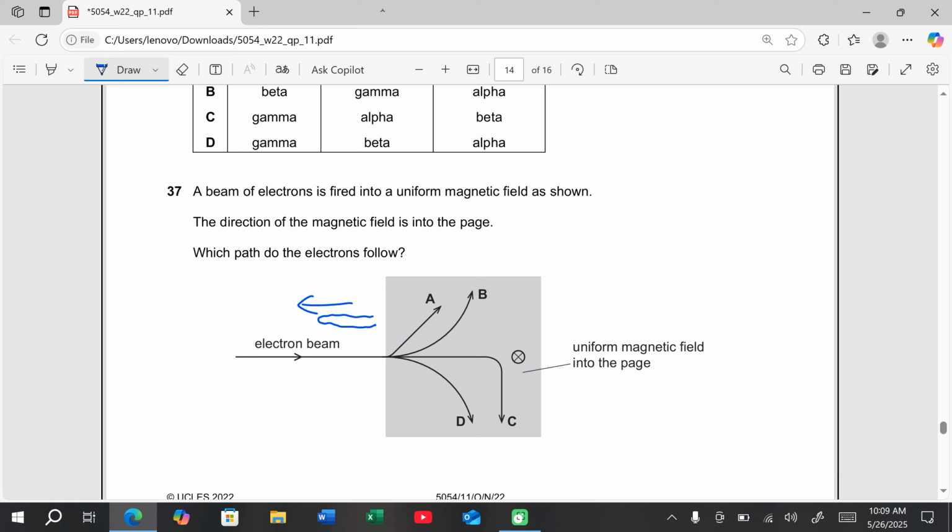The field is into the page, so the index finger has to go into the page. And the thumb is going to point downwards, D. Although C is also downward, that's not smooth. It should go smooth.